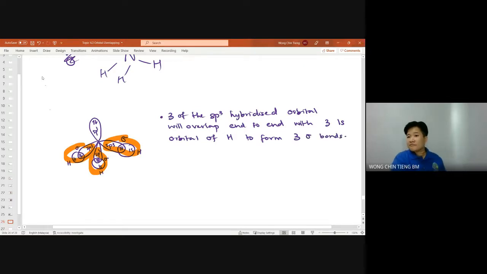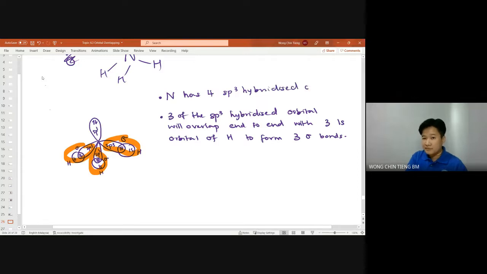Of course, ayat depan masih adalah nitrogen has 4 sp3 hybridized orbital. Ayat ni takkan lari, sentiasa mula dengan central atom, in tetrahedral shape.